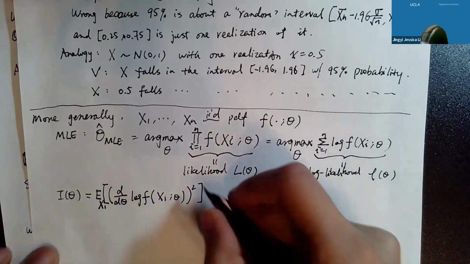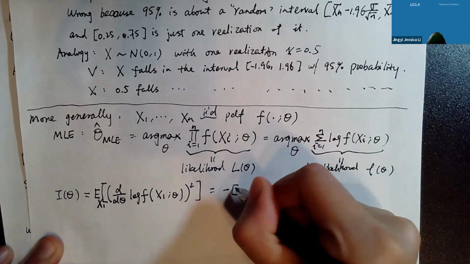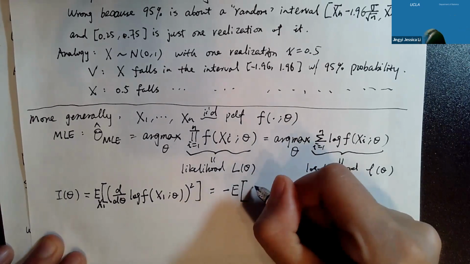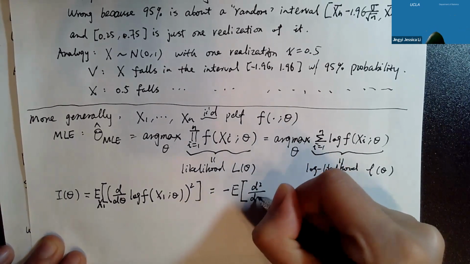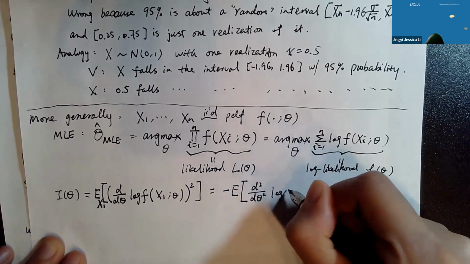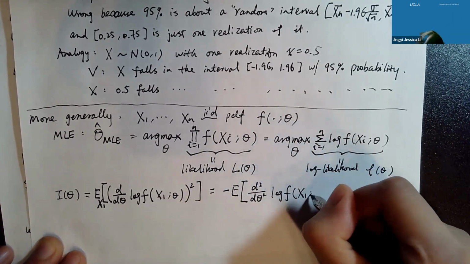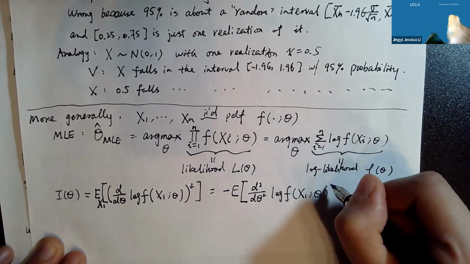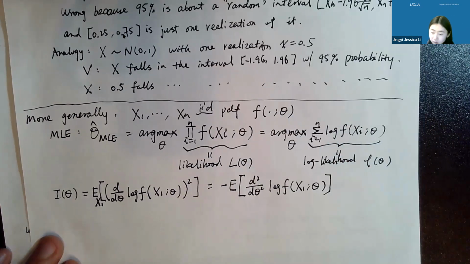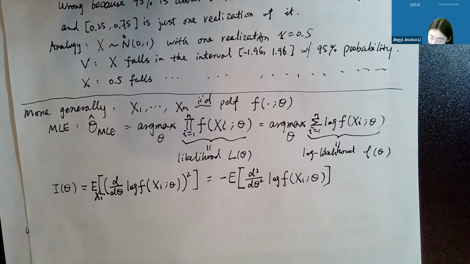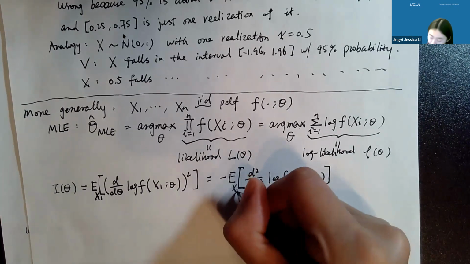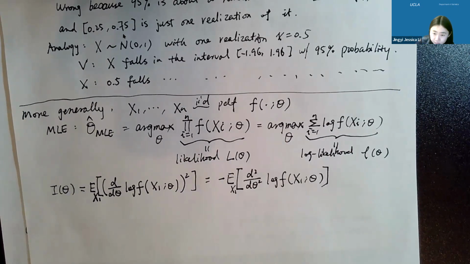That's one way to define it. And the second way is the negative expectation of the second derivative, d squared/d theta squared log f(x1; theta), the second derivative of the log density for one random variable. Here the expectation is still for x1. So these two ways are how we can compute the Fisher information.